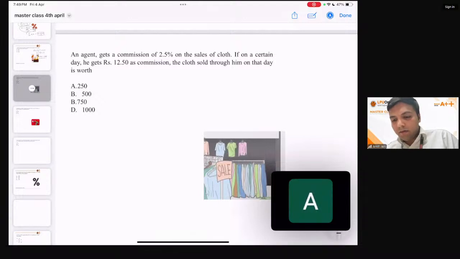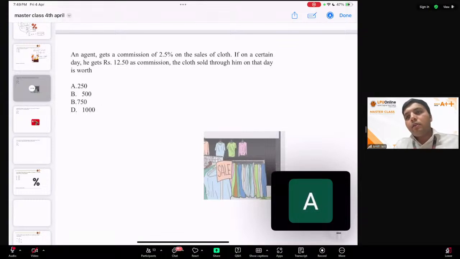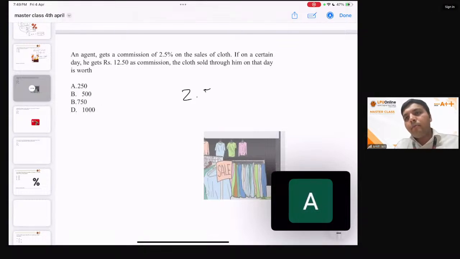Kaustav, very good. Answer is 500. Very good. Agent gets 2.5% commission, and that is equal to 12.5 rupees. So, 2.5% commission is equal to 12.5 rupees.